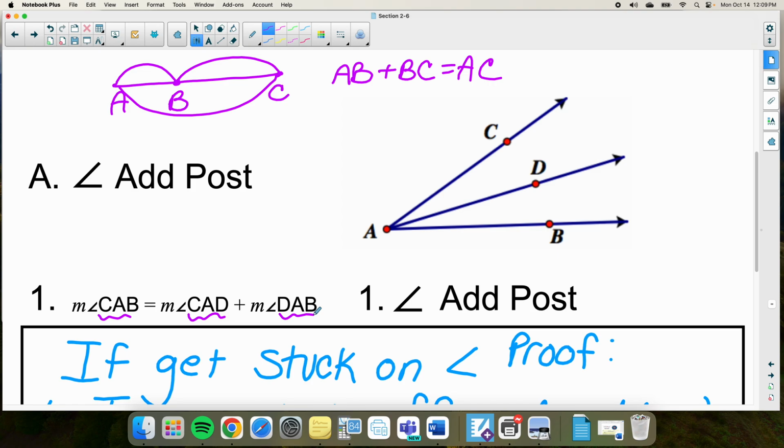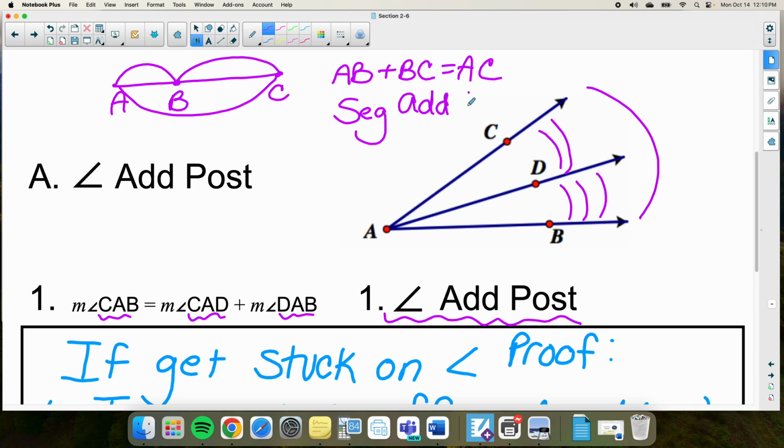And we'll see today that sometimes you also have to worry about what order you put those letters in. But when you have this, you have angle CAB, which is this whole thing, equals angle CAD, which is this, plus angle DAB, which is this, okay? Anytime you take an angle and break it up into 2 parts, that is called angle addition postulate. Just like this one was called segment addition postulate.